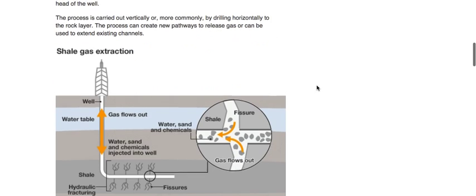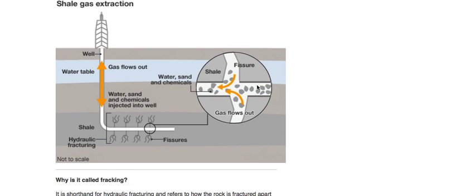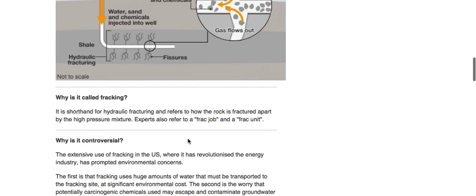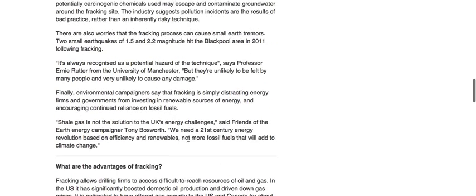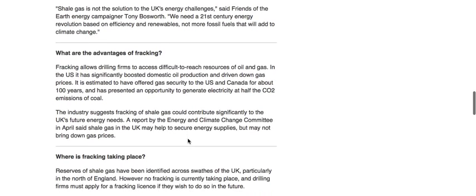Now, the bad part about this is, in order to get that gas out for energy, we have to pump down all this water and this filler, which isn't good for the environment, to pump all those chemicals into the earth.